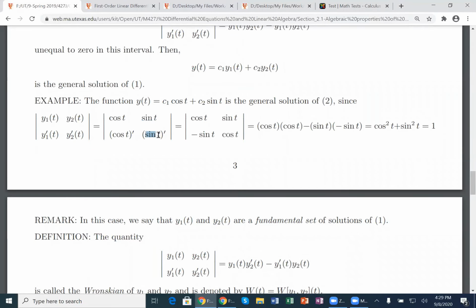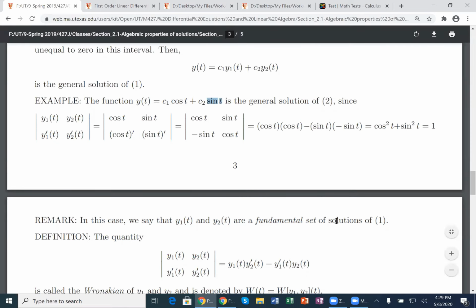If instead of sine we have here 2 cosine, over here we'll get the following. Cosine, 2 cosine, negative sine, negative 2 sine. And this times this minus this times this gives us 0. So particular solutions, cosine and 2 cosine, do not form a fundamental set of solutions.